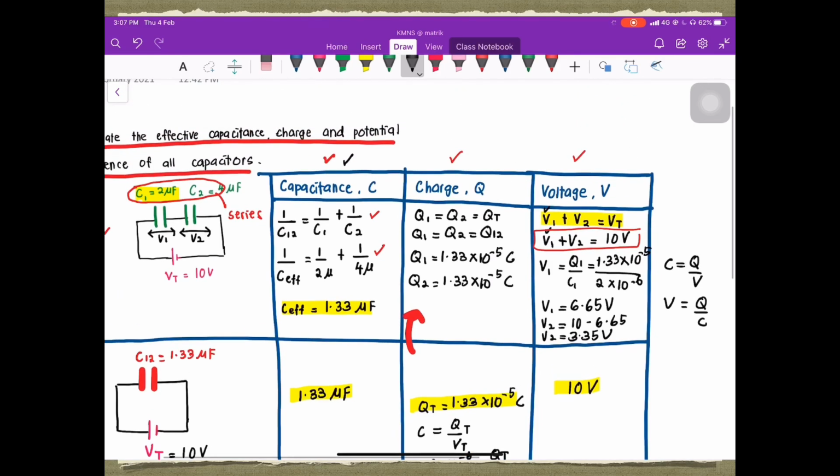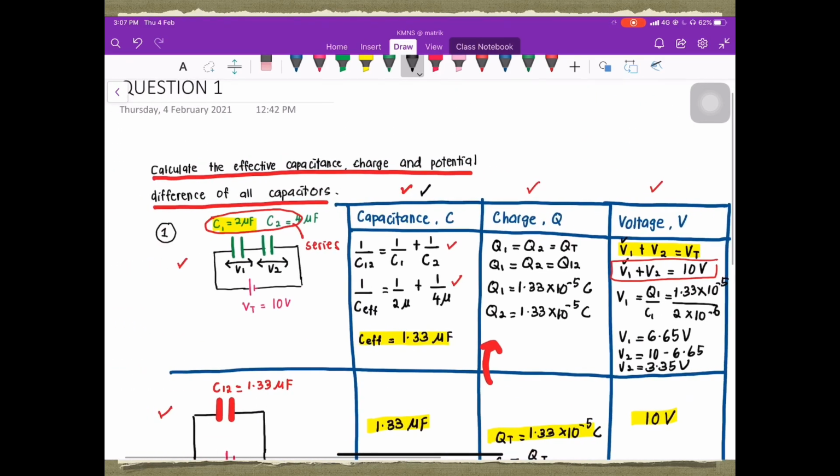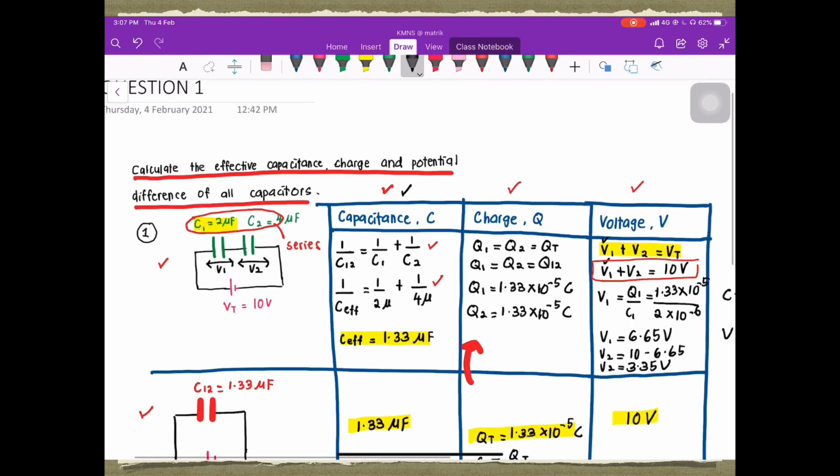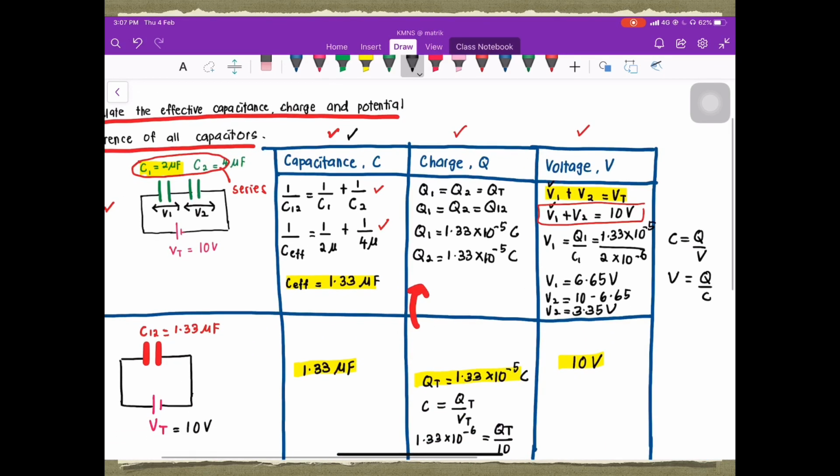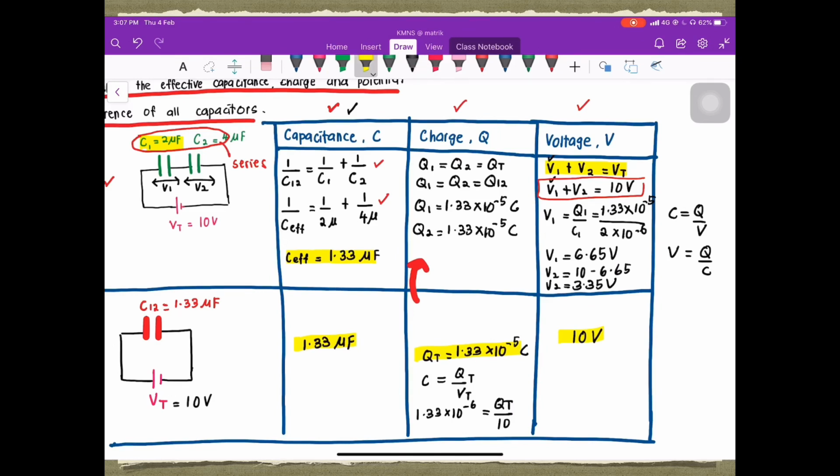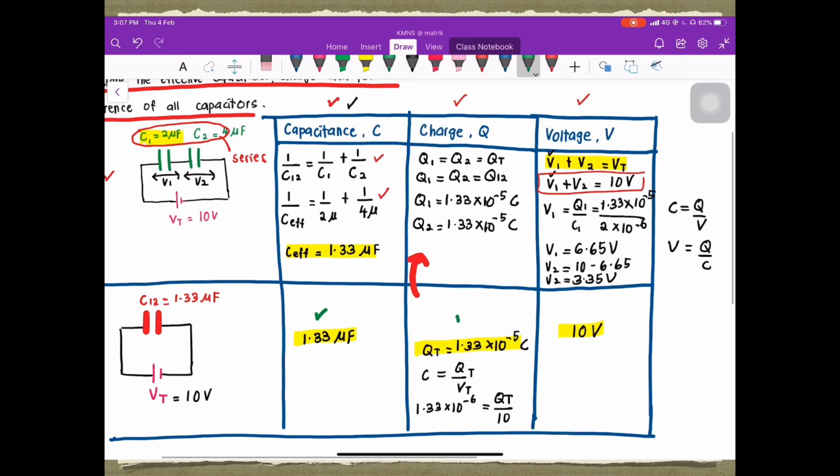So by answering the question, calculate capacitance, charge and voltage of each capacitor: first, this is the effective capacitance, this is the total charge, this is the total voltage, this is the value of Q1, this is Q2, this is V1 and this is V2.